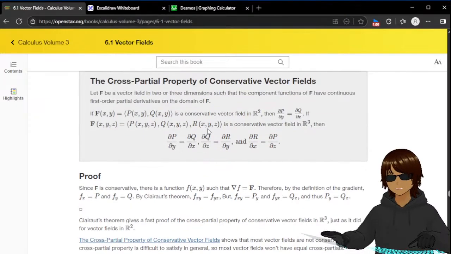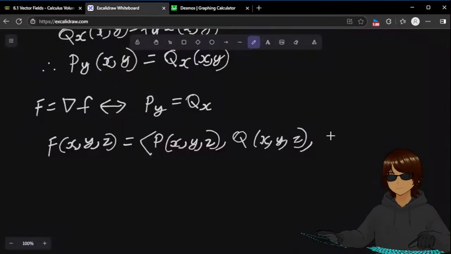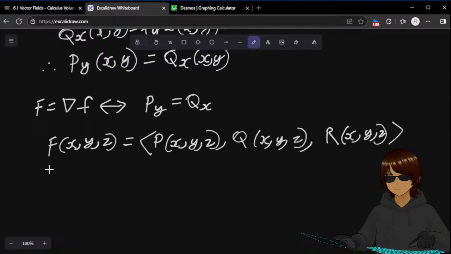P, Q, and R. And then we have grad f, which is this.